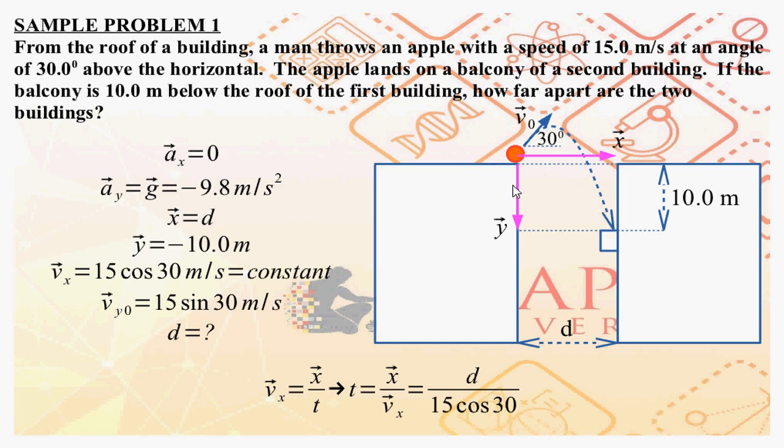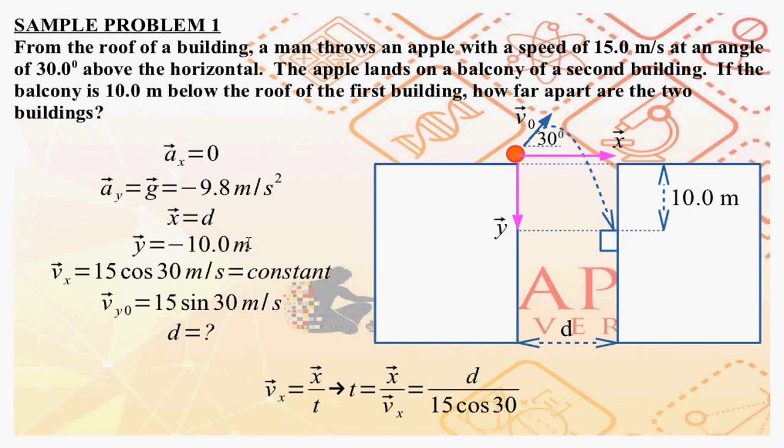The overall displacement from initial to final position is vertically downwards along the y component. Of course, the overall displacement of the object is diagonal, but if you look at the y component, it's simply going vertically downwards. So 10 meters vertically downwards, y is equal to negative 10 meters.